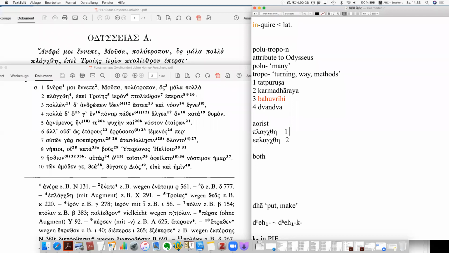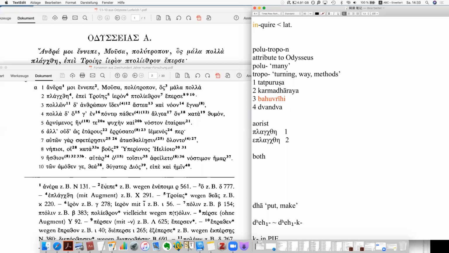Usually in the Greek grammar, the normal Greek grammar used by the classics, because if you study classics in Europe or in the United States, you also need to read Homer.